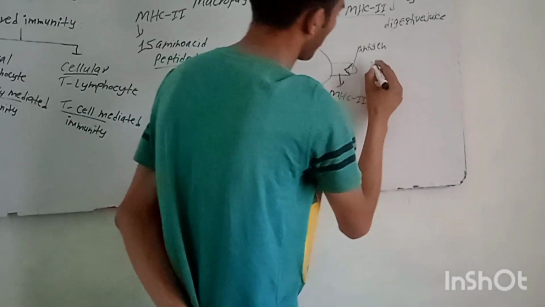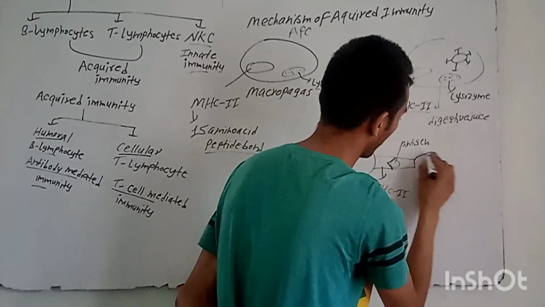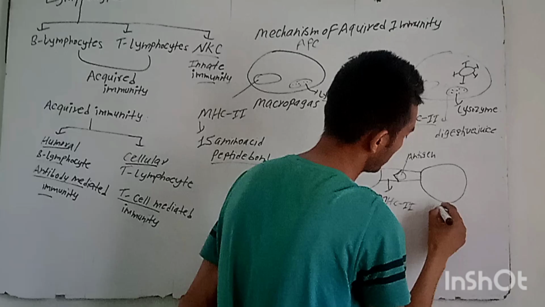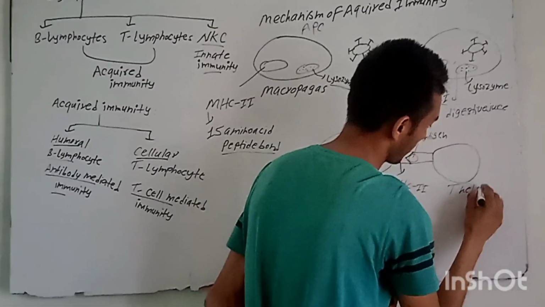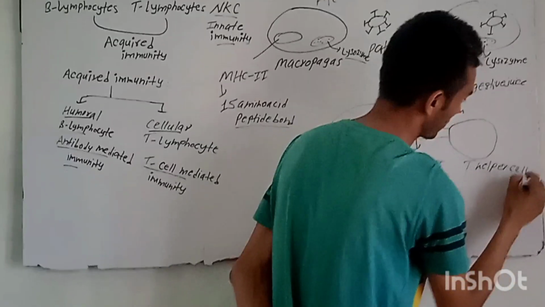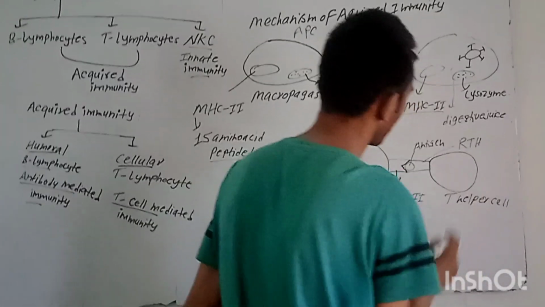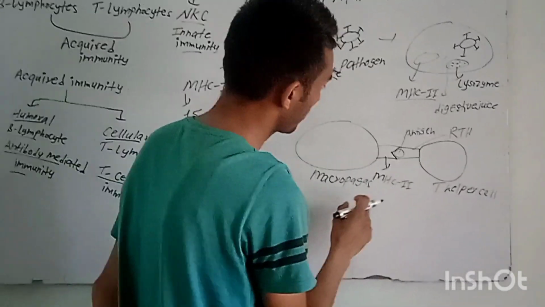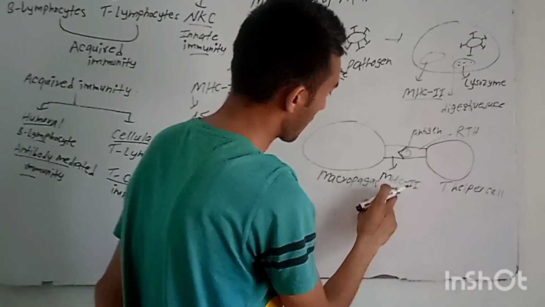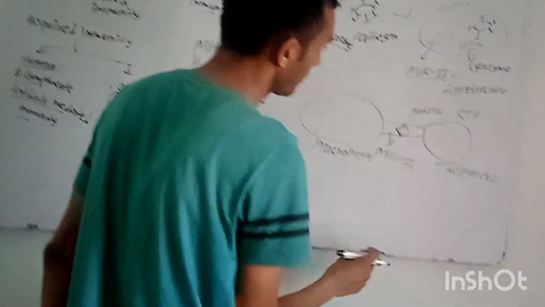Then the receptor. This is the T helper cell. This is the receptor of the T helper cell, which binds with the MHC class II which contains the antigen.